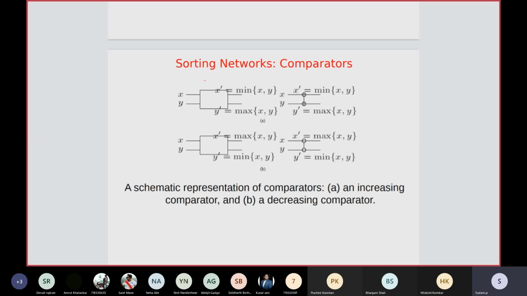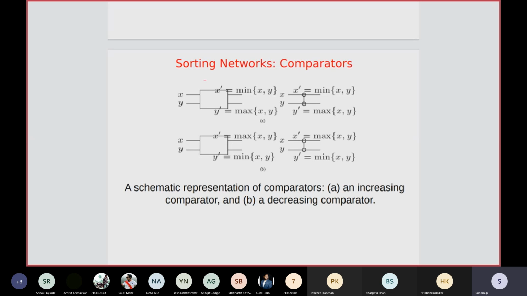In the decreasing comparator, the change is only in diagram B. In the increasing comparator you are taking the min of x, y, and in the decreasing comparator you are using the max of x, y as the output.